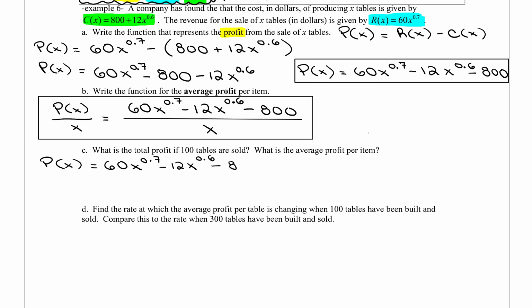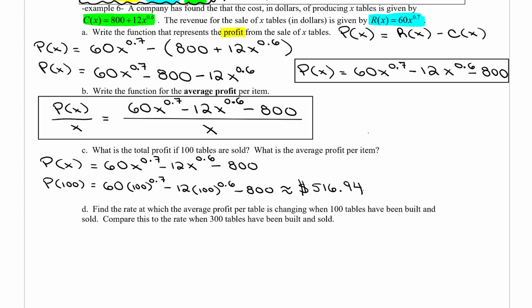So it's going to be P of 100 equals 60 times 100 raised to the 0.7 power minus 12 times 100 raised to the 0.6 power minus 800. And then we need to simplify this out. So this is going to be approximately equal to 516.94, or $516.94. The second part says, what is the average profit per item?